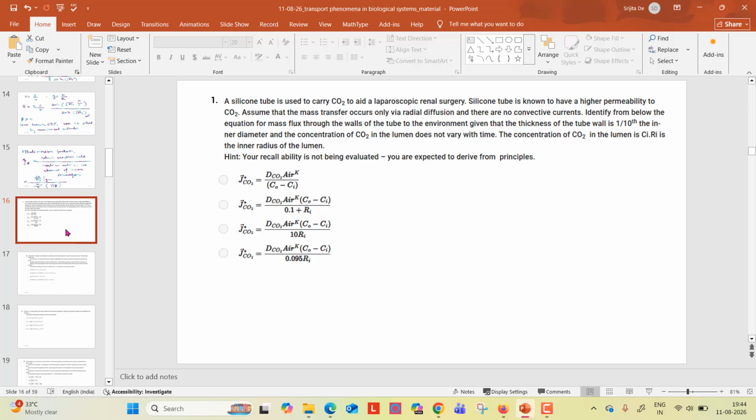Identify from below the equation for mass flux through the walls of the tube to the environment, given that the thickness of the tube wall is 1/10 the inner diameter and the concentration of CO2 in the lumen does not vary with time. The concentration of CO2 in the lumen is Ci. Ri is the inner radius of the lumen.